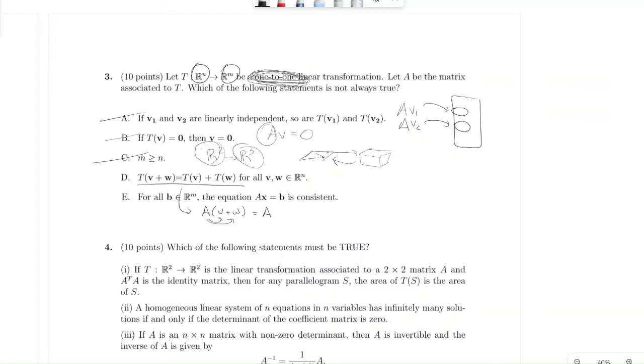What's the word? Distributive property. So you get Av plus Aw, and this is just a transformation of v, and this is a transformation on the w vector. So based on linearity properties, we are able to get this equation. So this is true.